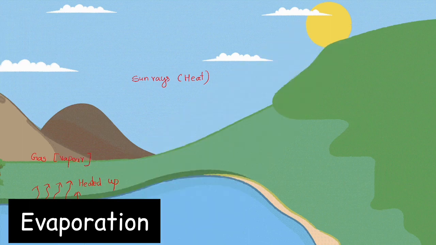And this process is called evaporation. So what is evaporation? Conversion of water from liquid state to gas state. And who is helping in the process of evaporation? Sun or heat energy help us in doing that.